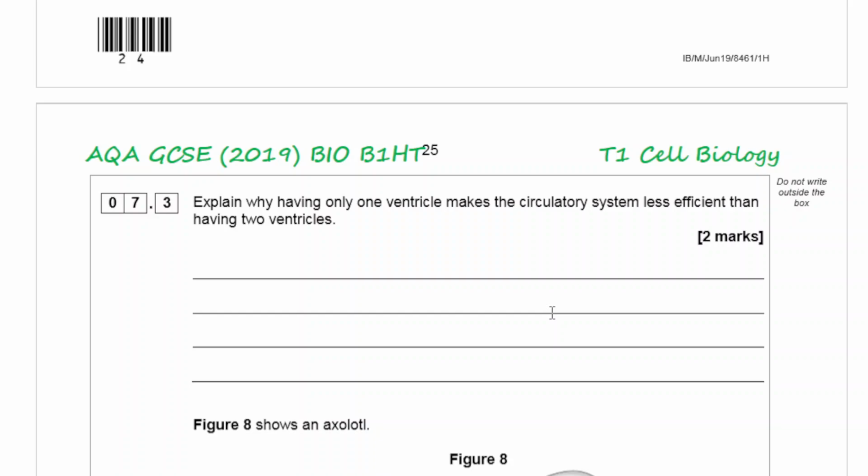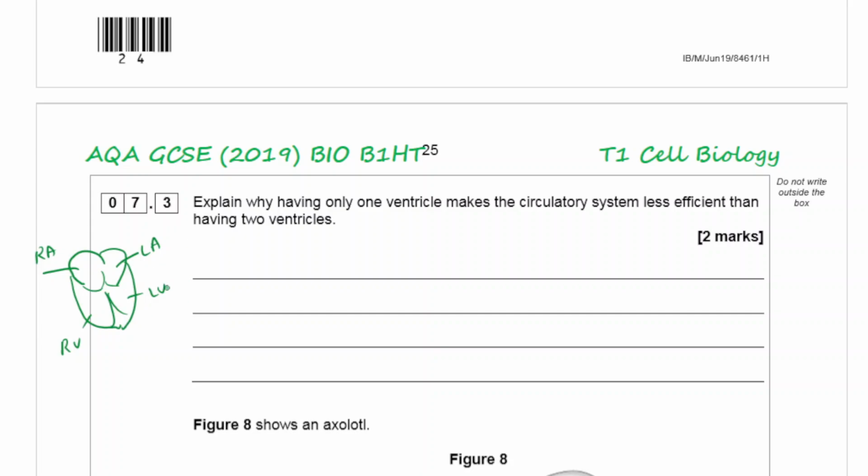Explain why having only one ventricle makes the circulatory system less efficient than having 2 ventricles. Now, a human heart looks like this, right? The top part and the bottom part. So left atrium, right atrium, left ventricle, right ventricle.